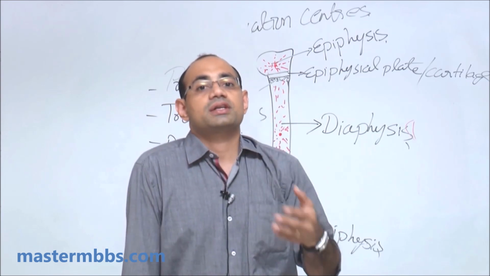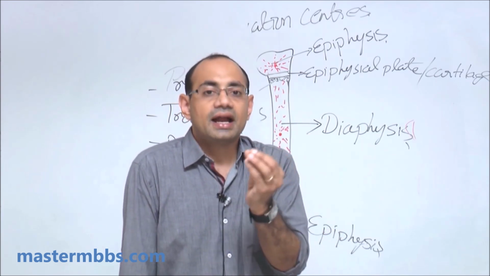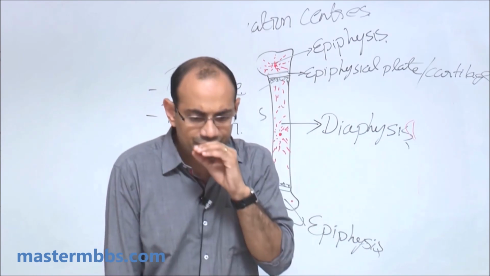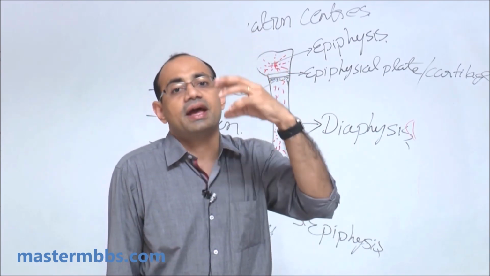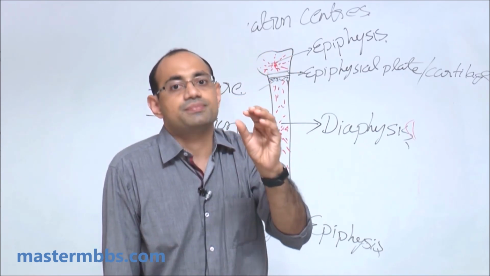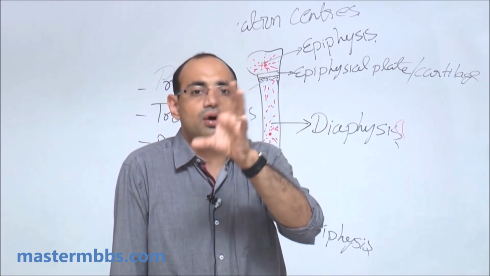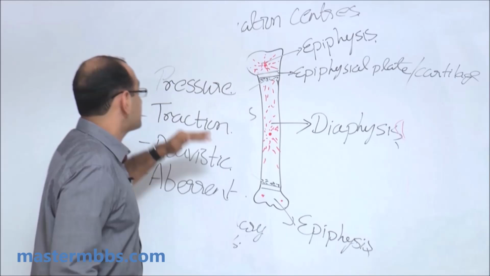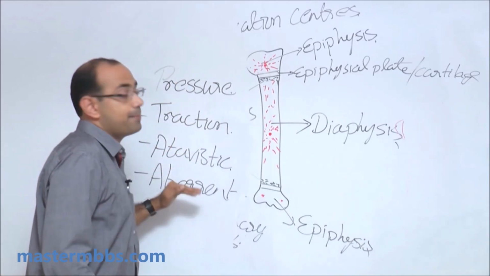If asked what is an aberrant epiphysis, that is one not seen or seen in an abnormal position. For example, the head of the first metacarpal sometimes may have an aberrant epiphysis. This is one classification of epiphysis: pressure, traction, atavistic, aberrant.